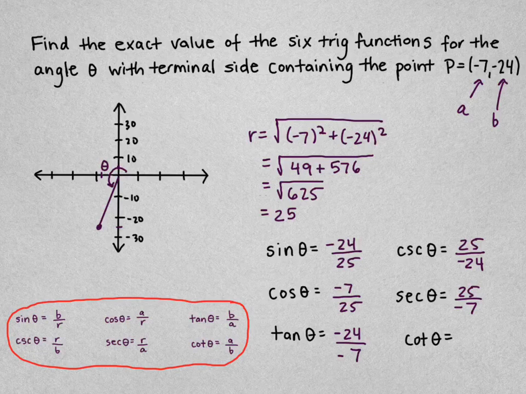And lastly, cotangent is the reciprocal of tangent, so we'll get -7 over -24. And it should be noted that for these values, in particular tangent and cotangent, the negatives actually cancel each other out. So this is going to be a positive 24 over 7, and this will be a positive 7 over 24.